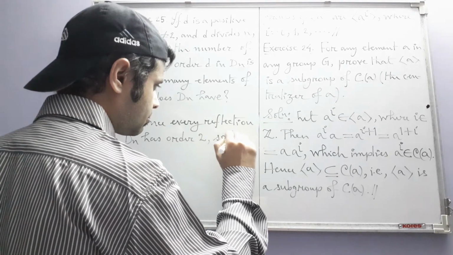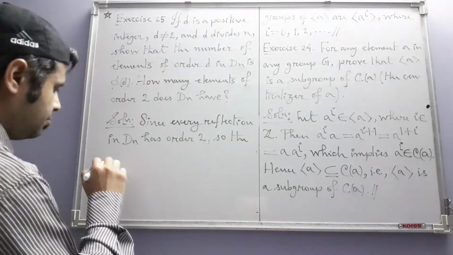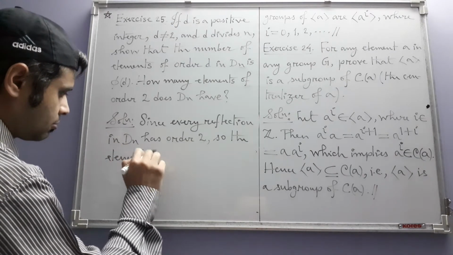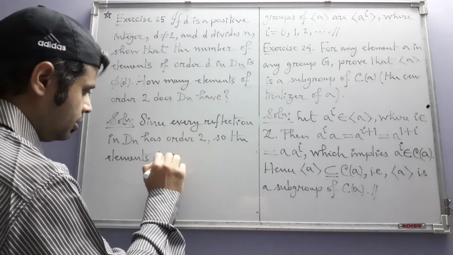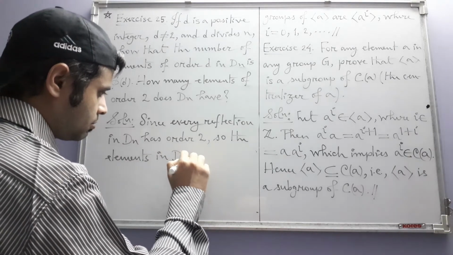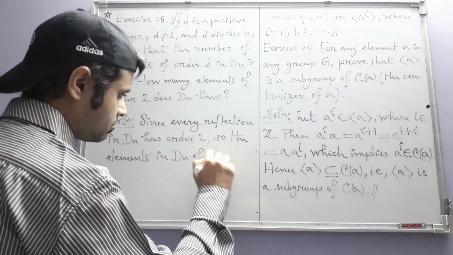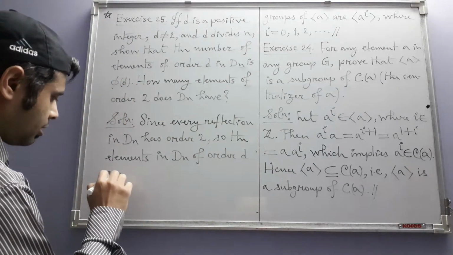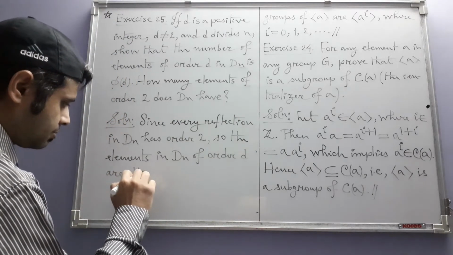So the elements in Dn of order d are all rotations.